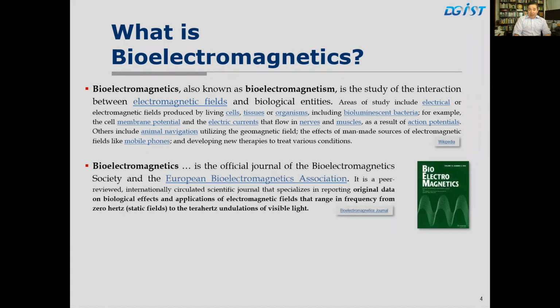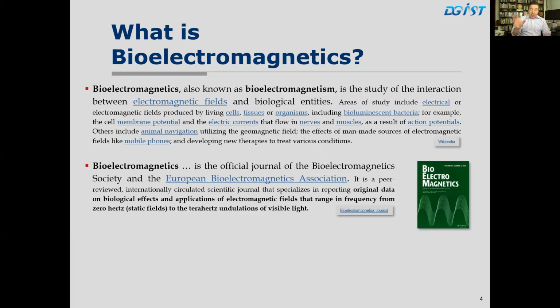So bioelectromagnetics is not a new field. In many ways, it's a frontier, but there is an official journal of the Bioelectromagnetic Society and the European Bioelectromagnetics Association. And as they quote, they specialize in reporting original data on biological effects and applications of electromagnetic fields that range in frequency from basically 0 hertz, cycles per second, namely static fields, to the terahertz undulations of visible light.